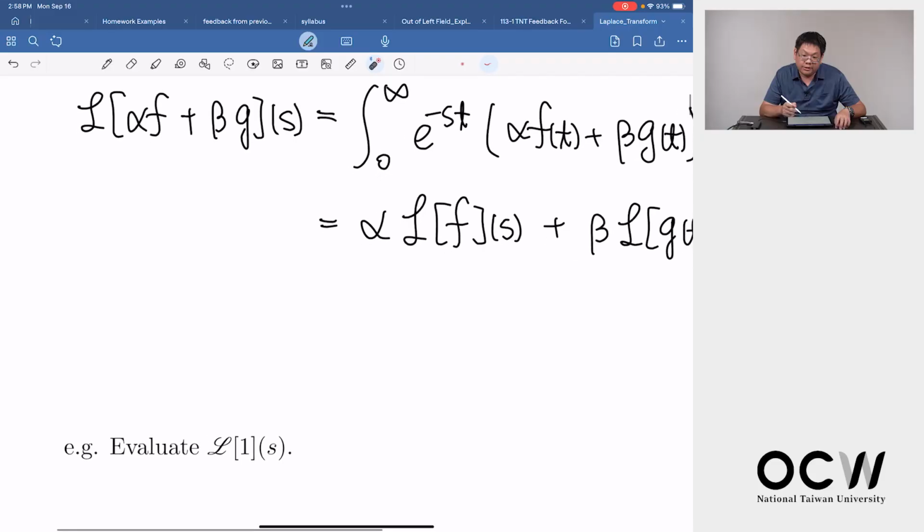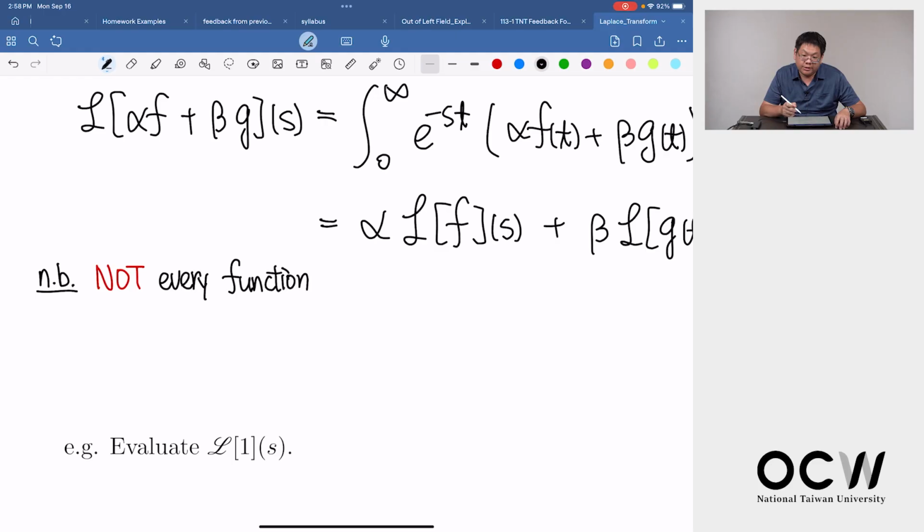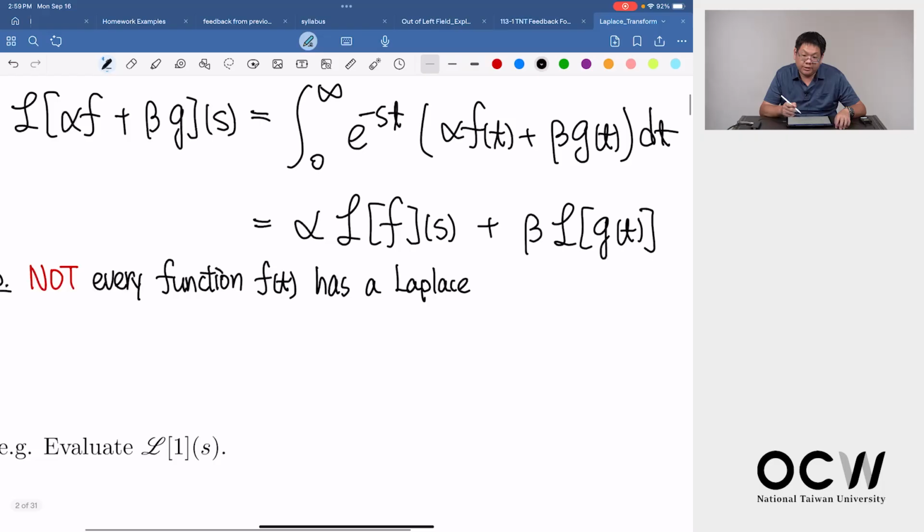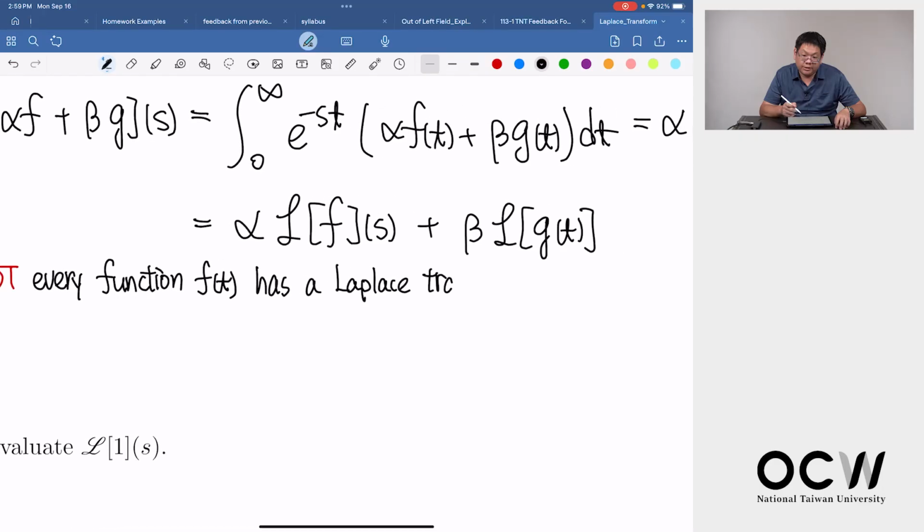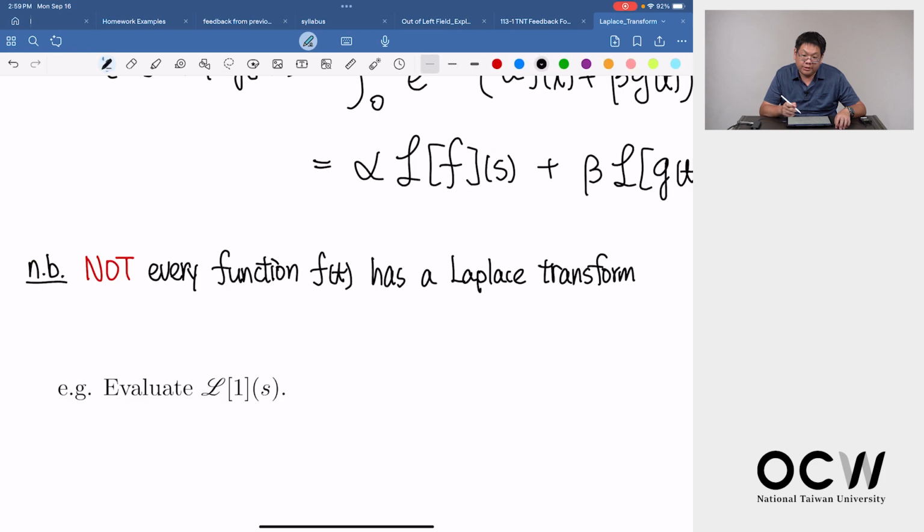So not every function f of t has a Laplace transform, if the integration doesn't converge.